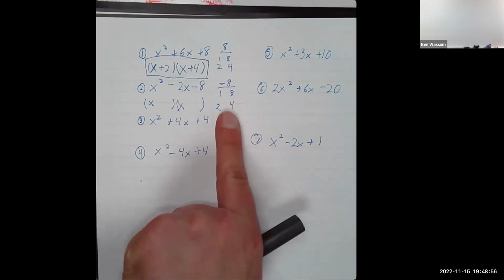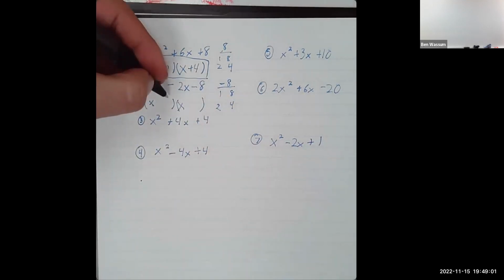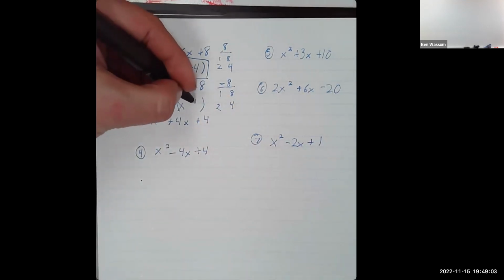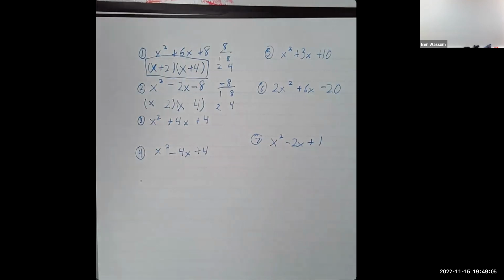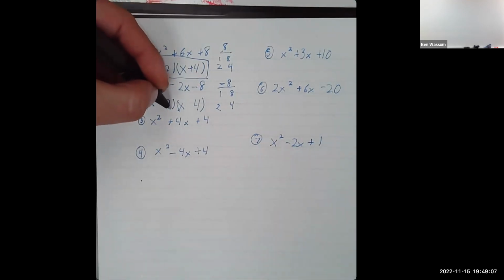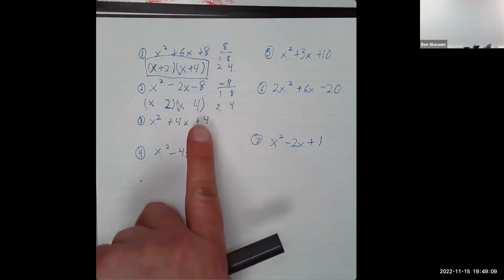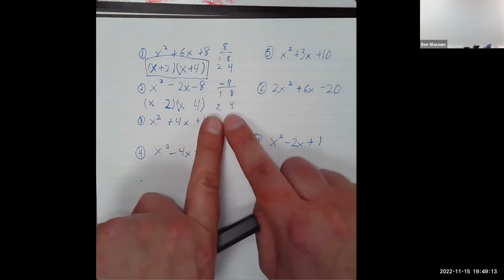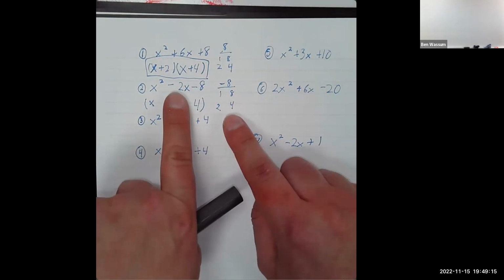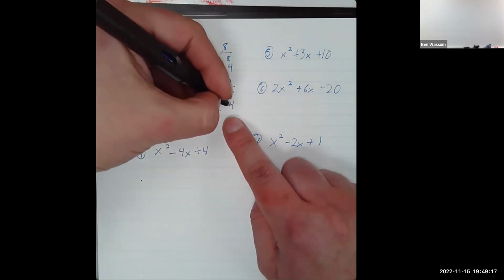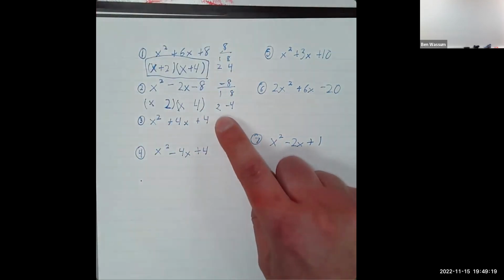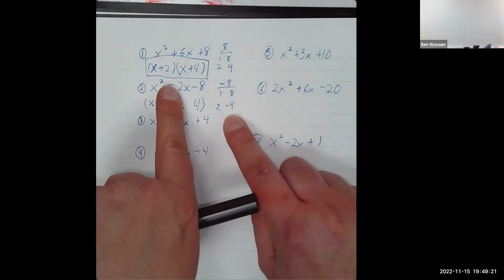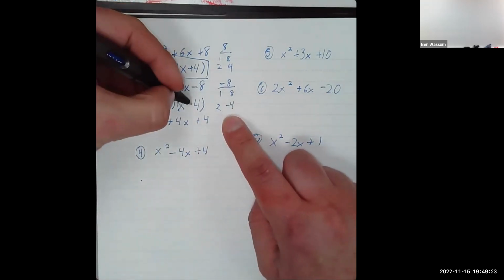Well, 2 and 4, right? 2 and 4 have a difference of 2. So you would put the 2 and the 4, but then you have to make sure that your signs are very carefully put there, because we know that only one of these is going to be negative. So if I'm going for a -2, I want a -4. 2 with a -4 would give me a -2, right? So that minus is going to be on that.